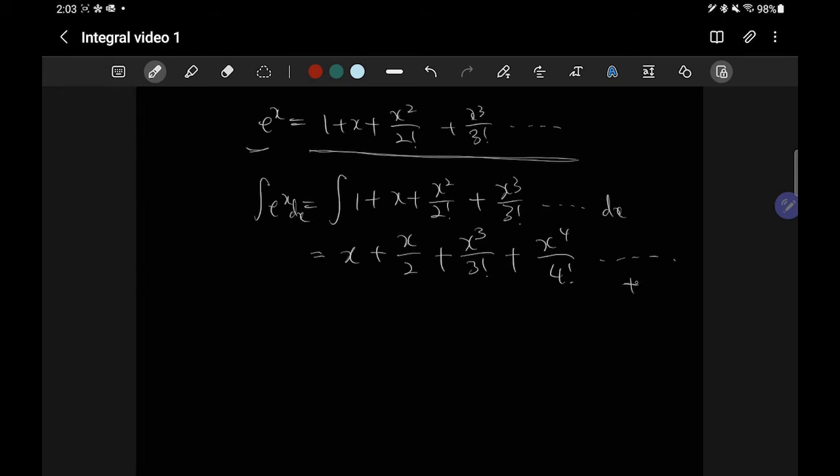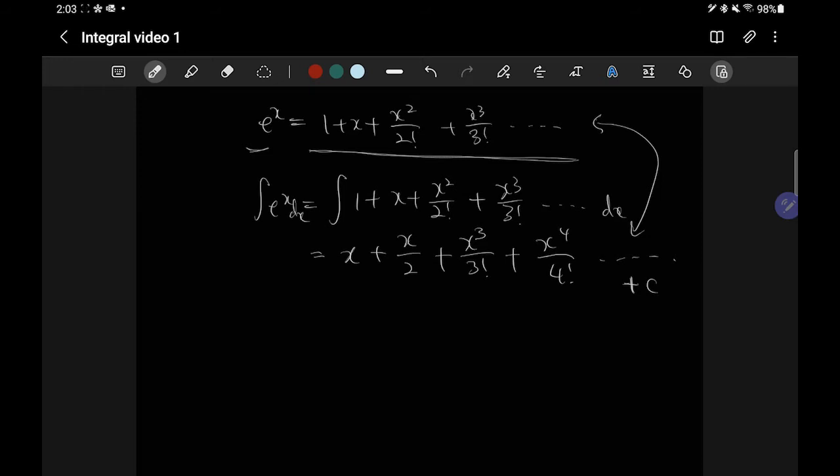And then there's also a plus c at the back. As we can see, the original equation e to the x is identical to the integral of e to the x, and hence this is a proof that the integral of e to the x equals e to the x.